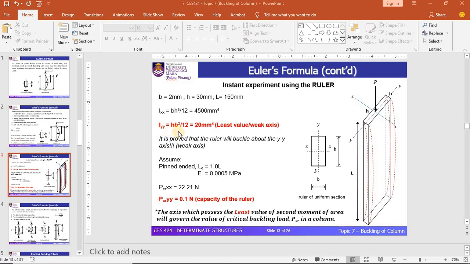This is the weak axis of the ruler, so no wonder the ruler buckles about the y-y axis, in other words, in the B direction.